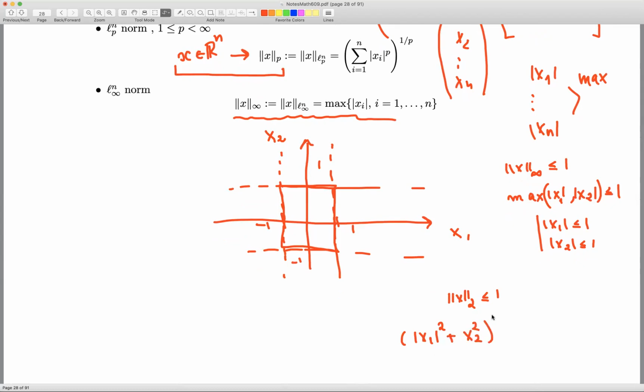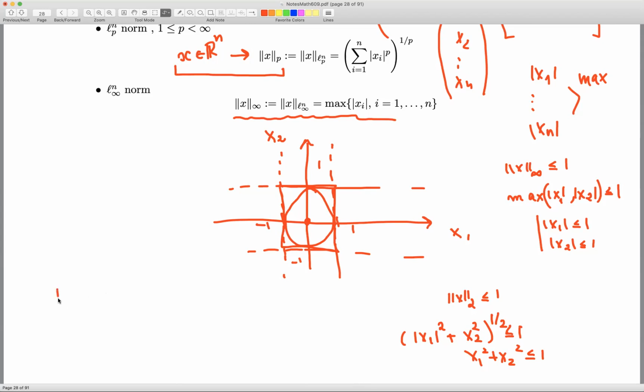So x1 squared plus x2 squared to the power 1/2 is less than or equal to 1, which means that x1 squared plus x2 squared is less than or equal to 1. And this is exactly the circle with center 0. My circle doesn't look like a circle, but this is the circle with center 0. And this is the unit ball for the L2 norm. So these are all the vectors whose magnitude is less than or equal to 1 with respect to the L2 norm.